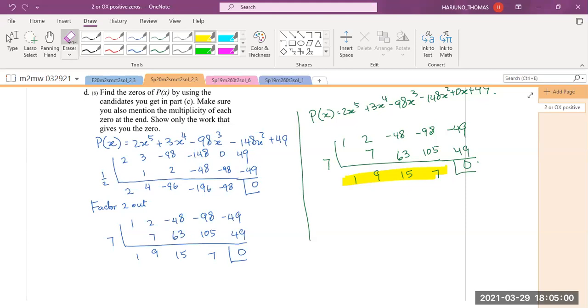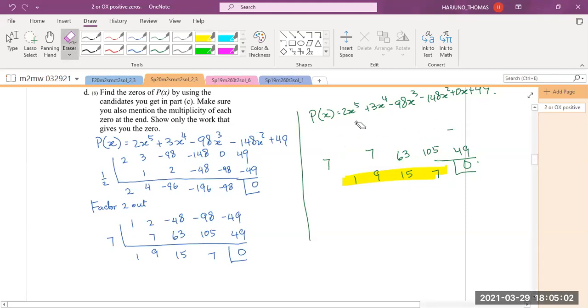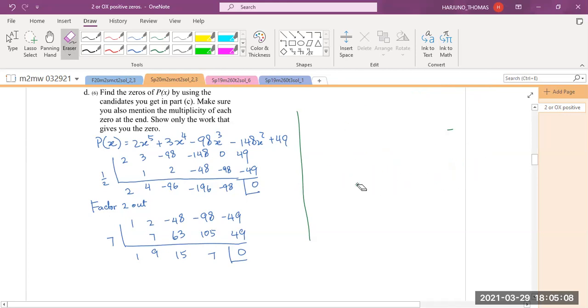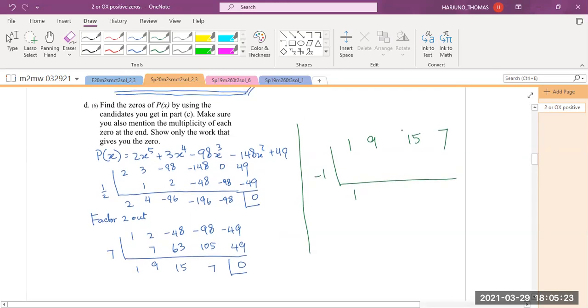Okay, now let's look back. Let me erase this. On my scratch paper, I go to the next page and try 1, 9, 15, 7. Let me try -1. And actually you will see -1 will work.